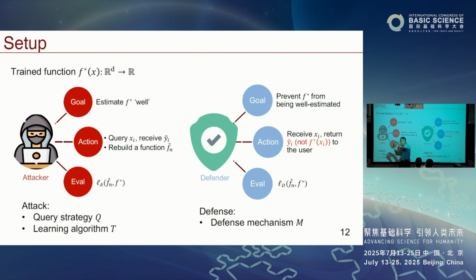I may care about certain more important areas than others, which may differ from the attacker. So the core thing the defender is thinking about is how to defend. In our context, how should I add noise to the actual f star value? So far, so good.